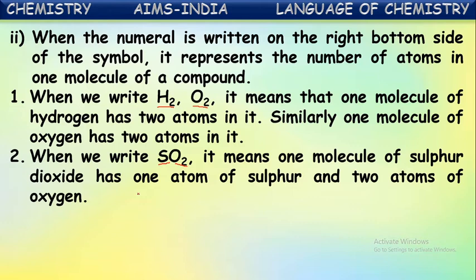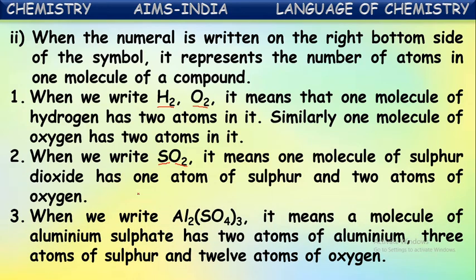Next, aluminium sulfate has the molecular formula Al2(SO4)3, which is SO4 taken thrice. It means a molecule of aluminium sulfate has 2 atoms of aluminium and how many atoms of sulfur? In this SO4 there is one sulfur atom, and it is multiplied by 3, so there are 3 sulfur atoms, and for this O4 also the 3 will be multiplied. In total it becomes 12 atoms of oxygen.